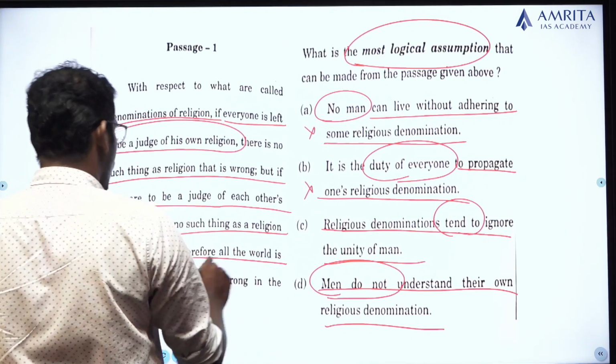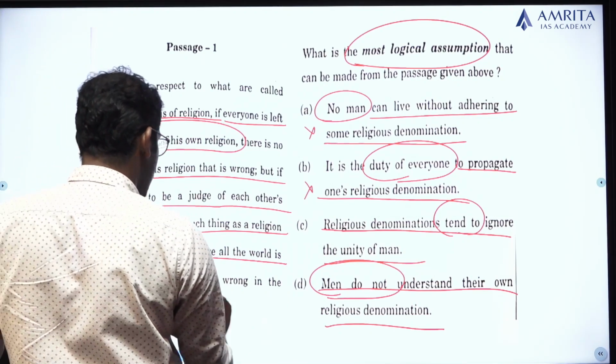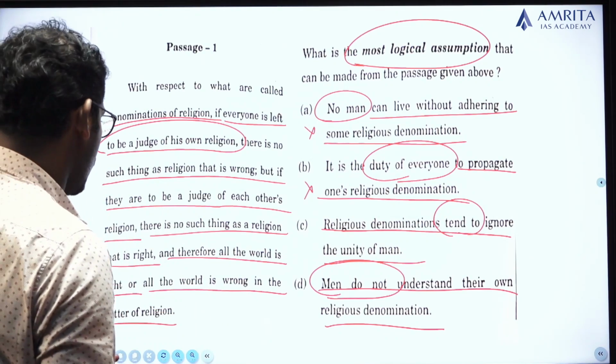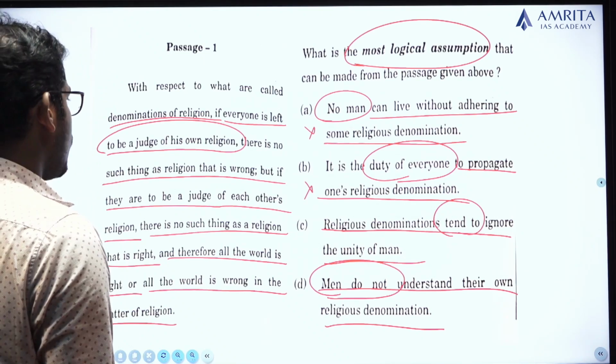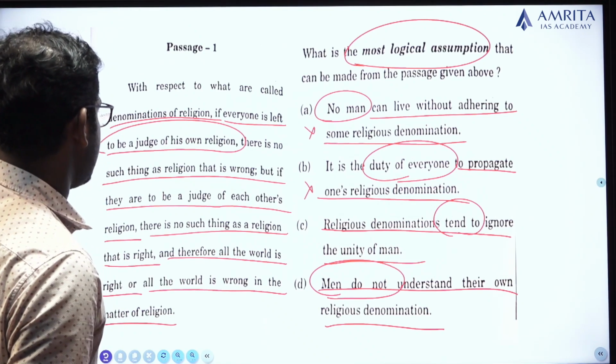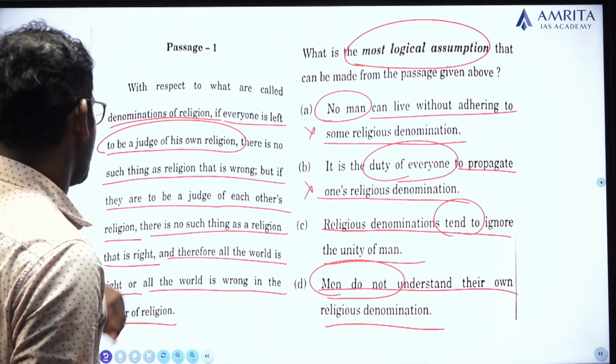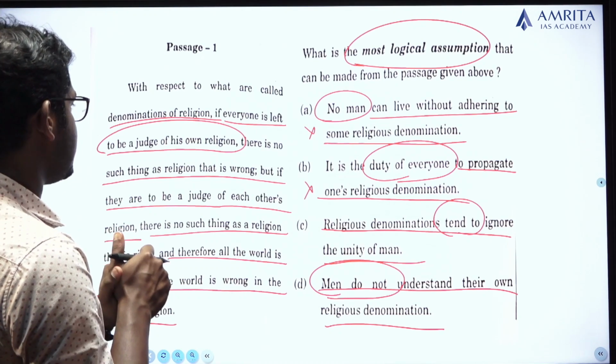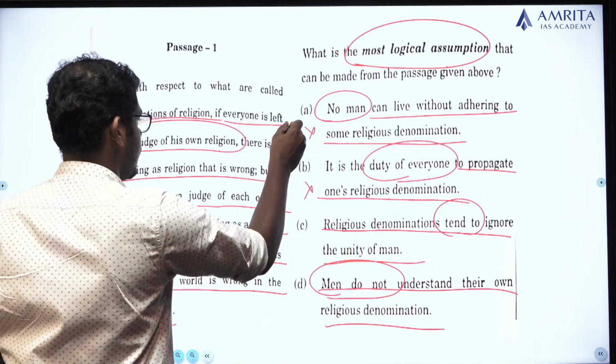And therefore, all the world is right or all the world is wrong in the matter of religion. Okay, the beginning of the passage says that if everyone is left to be a judge of his own religion, there is no such thing as religion that is wrong.